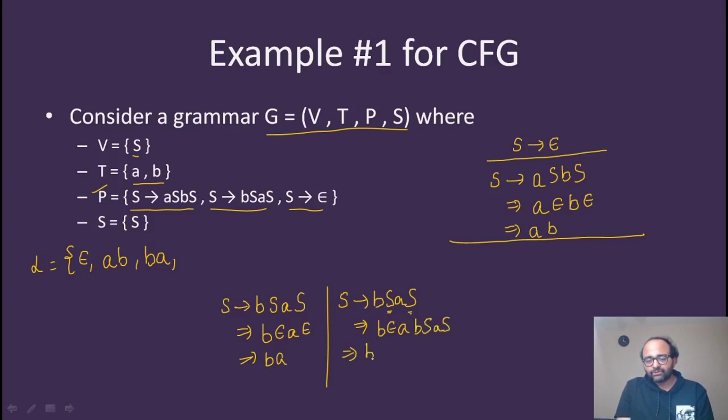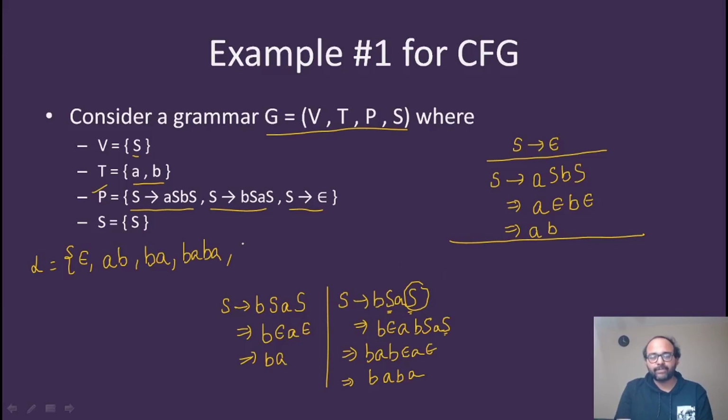Here the first S is epsilon, and the second S is also epsilon, so you will get a string like ba, ba.